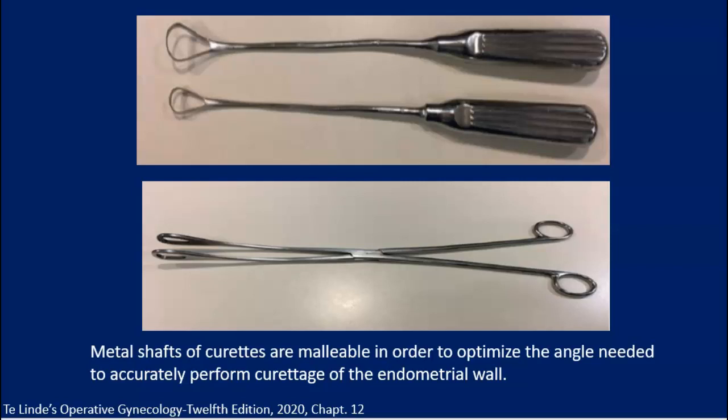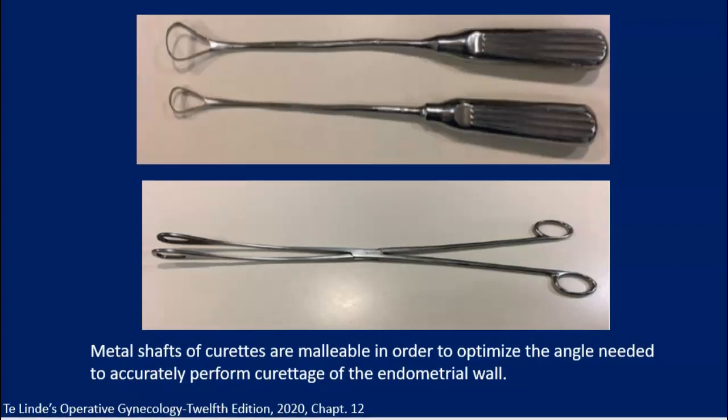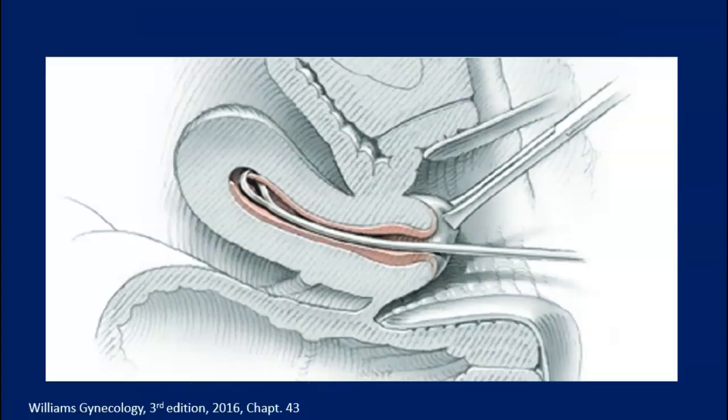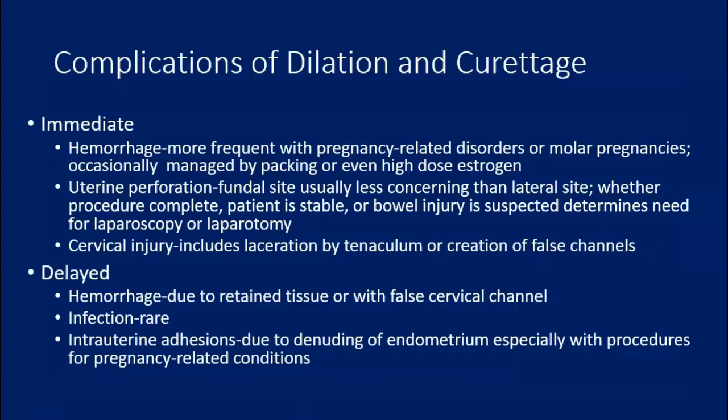And the bottom picture is that of an ovum forceps for removal of polyps or additional material, perhaps with an incomplete abortion procedure. This is just demonstrating the curettage of the wall of the uterus, noting that, again, the curette has a slight angulation to it, which facilitates doing the procedure. If you look at the complications of dilation and curettage, there can be immediate complications.